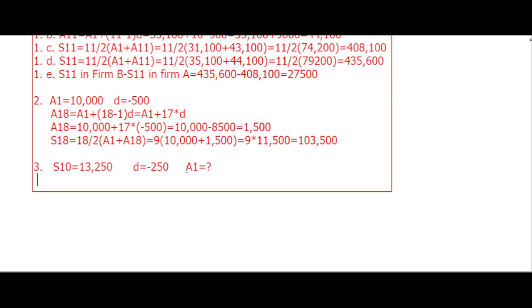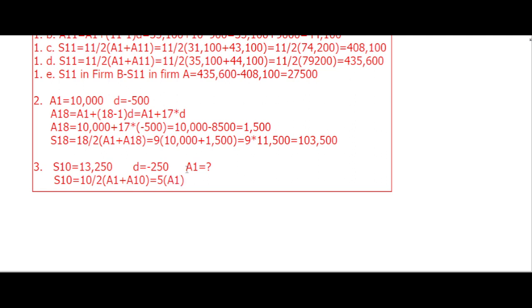So let's substitute the formula here. S10 is equal to 10 divided by 2, 5 times A1 plus A10. What about A1? We don't know A1.